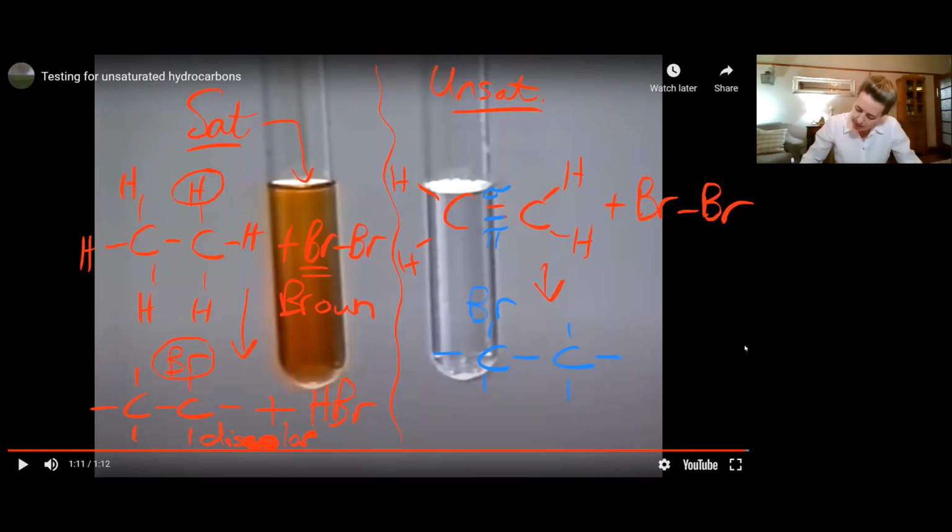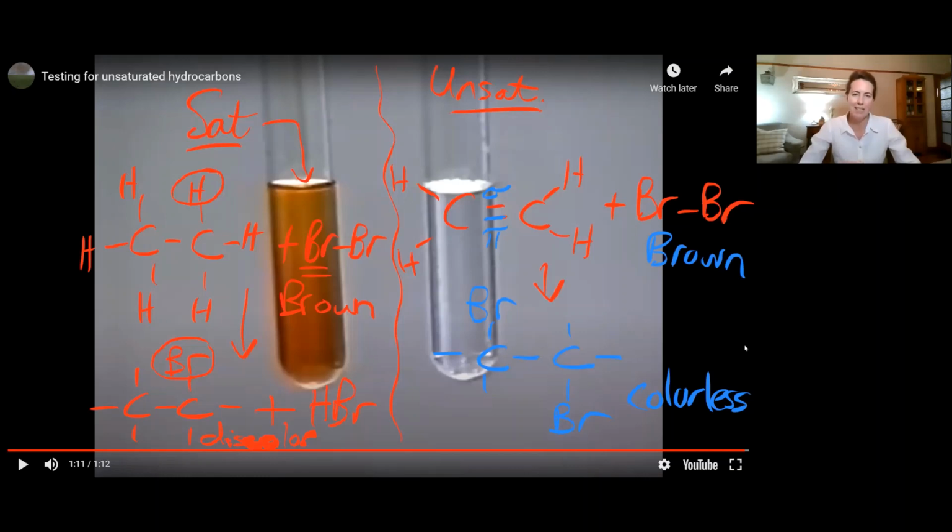You have a bromine sitting there and a bromine sitting there, right? So this is brown initially, this whole solution, because of the bromine, but then it forms a colorless solution product, which will be my bromo unsaturated compound.